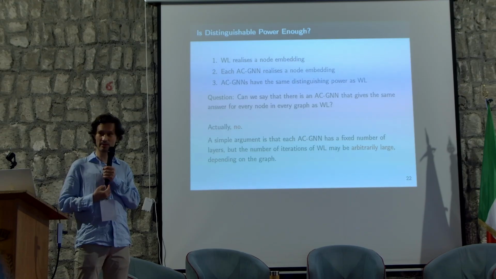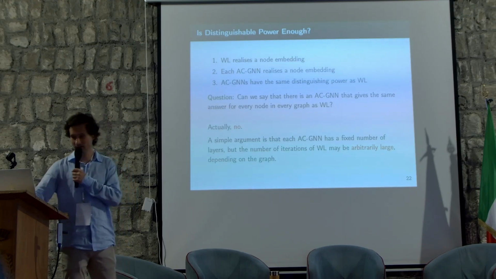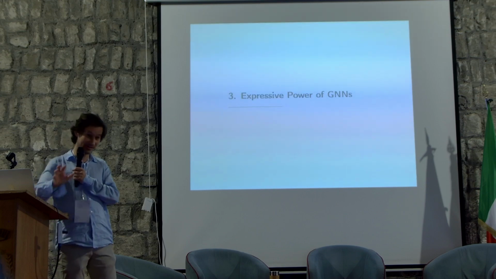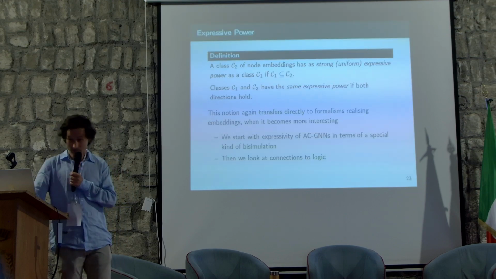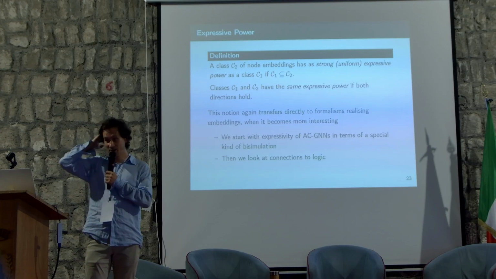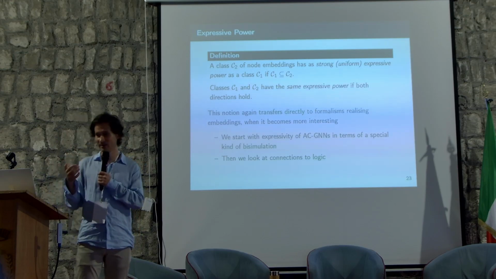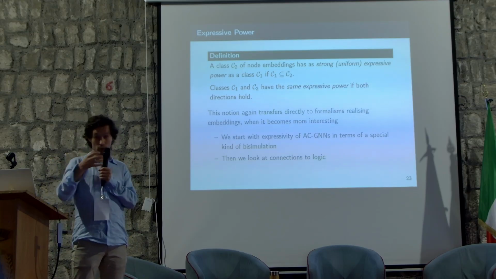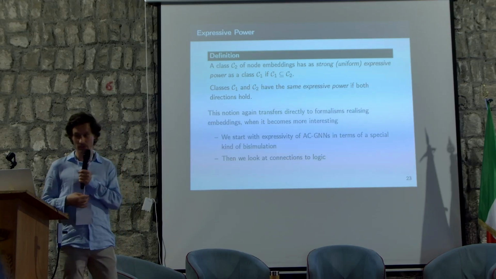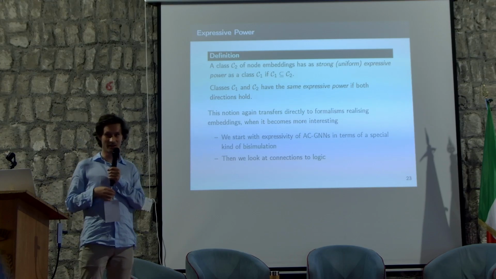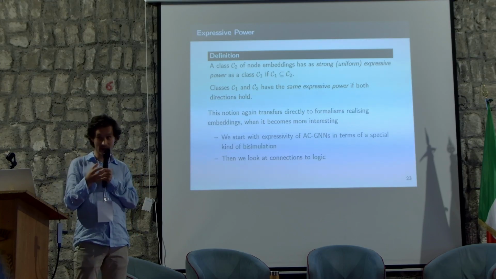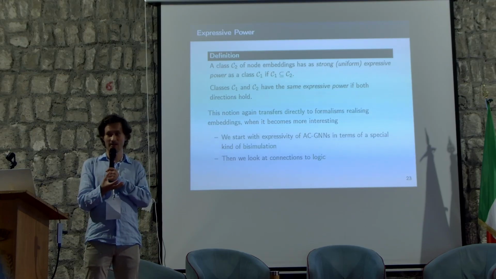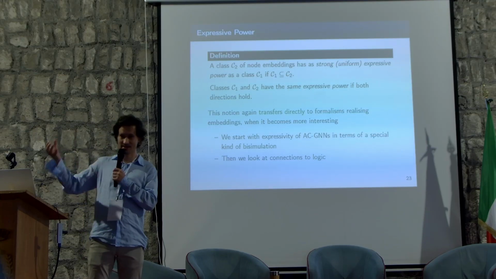Is this message more or less clear? Okay, I hope it is, because this is the key intuition for the good notion of expressive power. The good notion of expressive power, which I called strong or uniform expressive power, is that for two classes of node embeddings, we want to find, for each function we can realize with GNNs, a function which we can realize in another formalism.